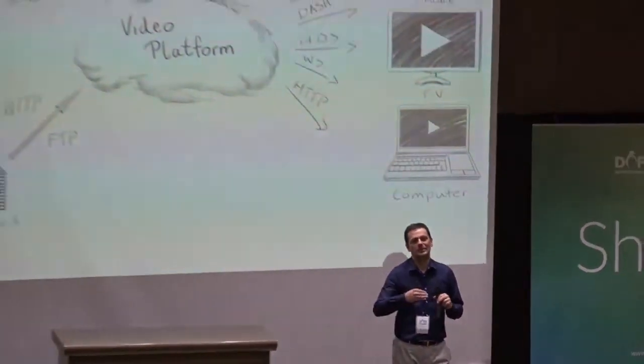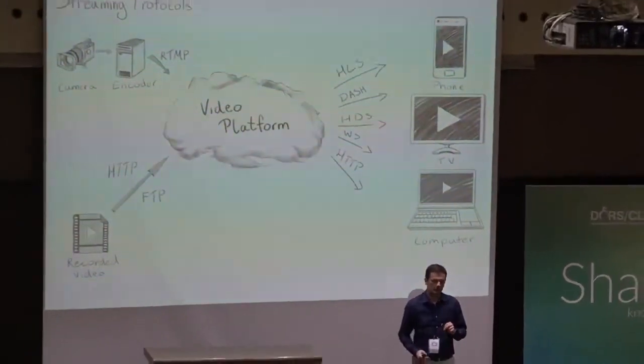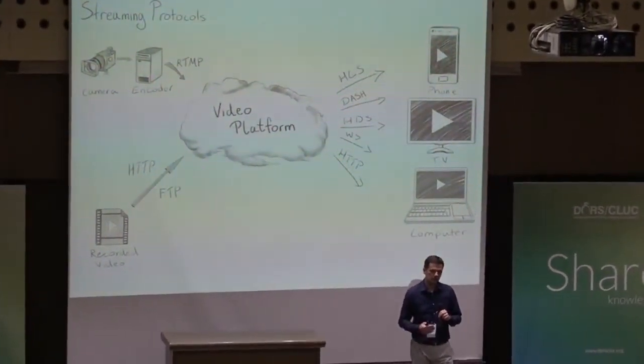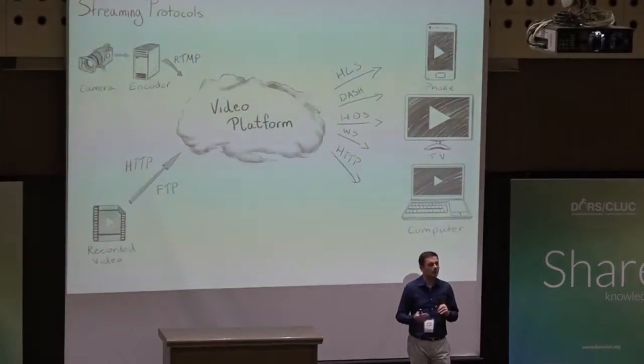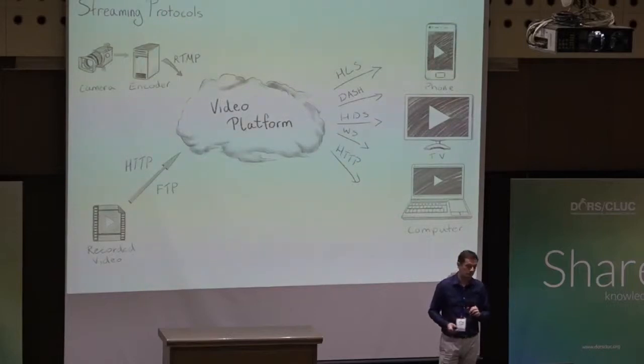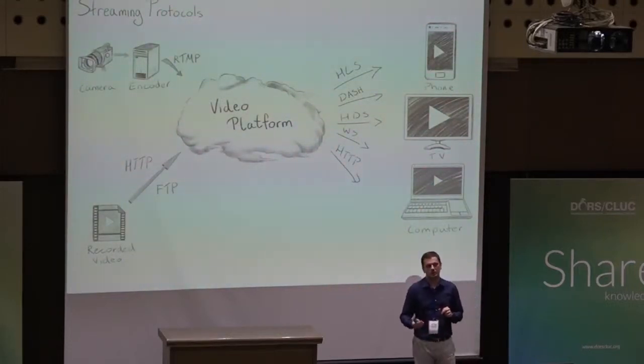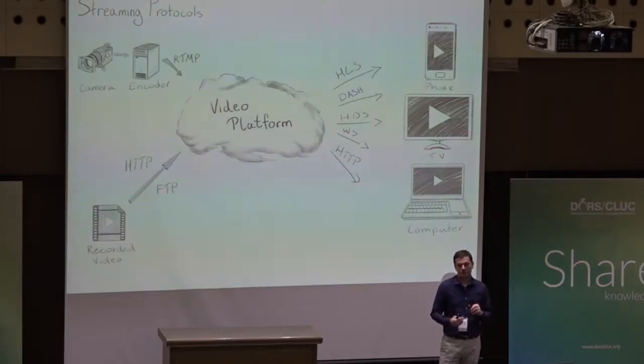For example, to send the video from the encoder to the streaming service, most services use RTMP, which is a protocol devised by Adobe back in the day and has now become the de facto standard for sending video to the streaming service. Of course, if we have pre-recorded video or audio and we just need to upload it, we can use HTTP or FTP. And then to watch this or to listen, the players connect, again, using HTTP and some application protocol on top of it, and start receiving data.